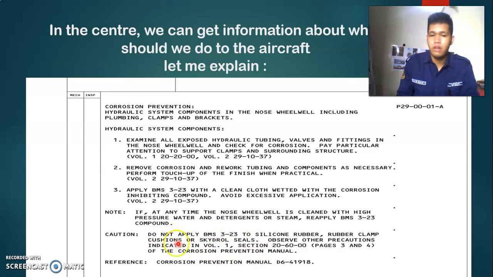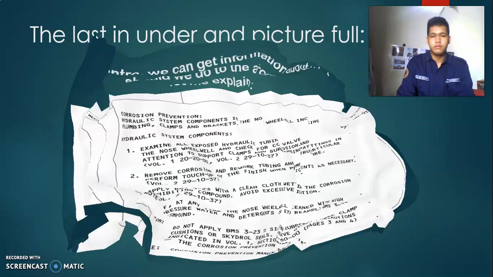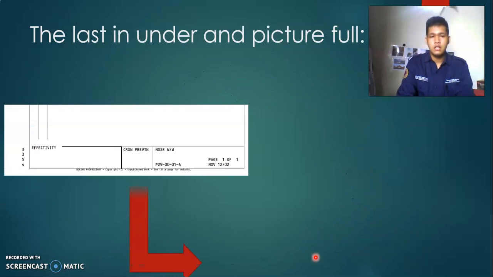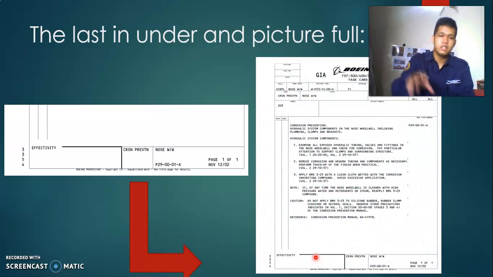So Fall 1 is a reference again: section pages 3 and 4 of the corrosion prevention manual. So the last is the corrosion reference manual.